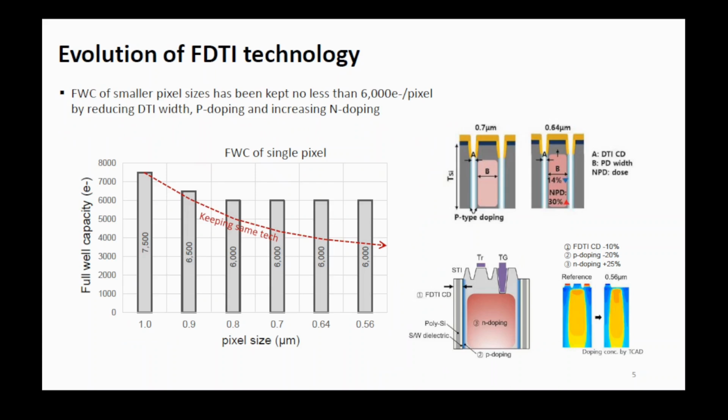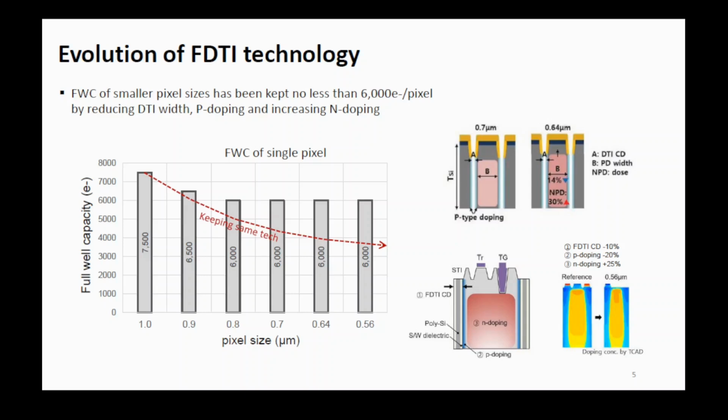But if we kept the FDTI technology the same, then as the pixel size shrinks, full well capacity would have decreased, like this red line.